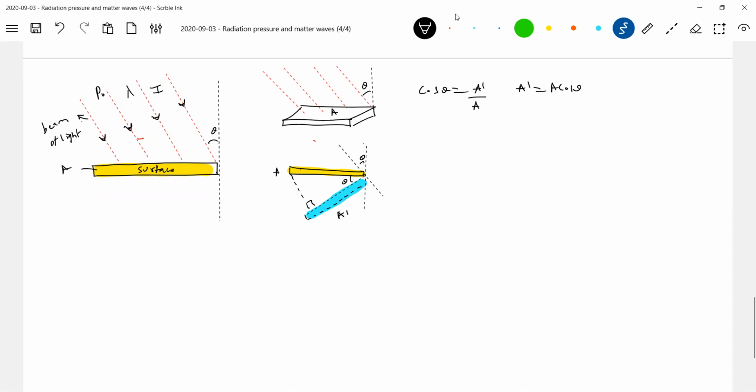Now, what is the basic definition of intensity? Power flowing normally per unit area. The incident beam is coming at an angle theta. Therefore the intensity should be defined as I equal to P by A dash, not P by A. So what is the number of photons incident on the surface?